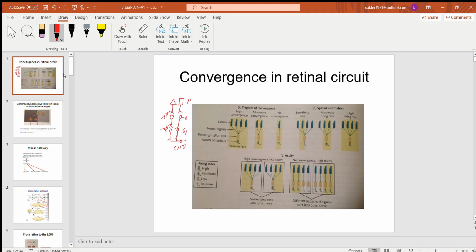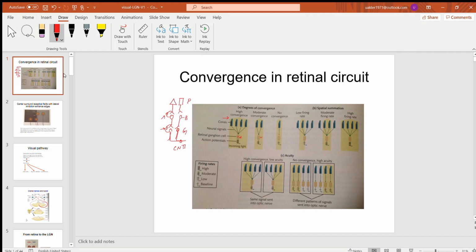Here in this slide you can see how the photoreceptors convey the visual signal to the ganglion cells. So these are the photoreceptors, they have shown the cones, and these are the ganglion cells, okay?